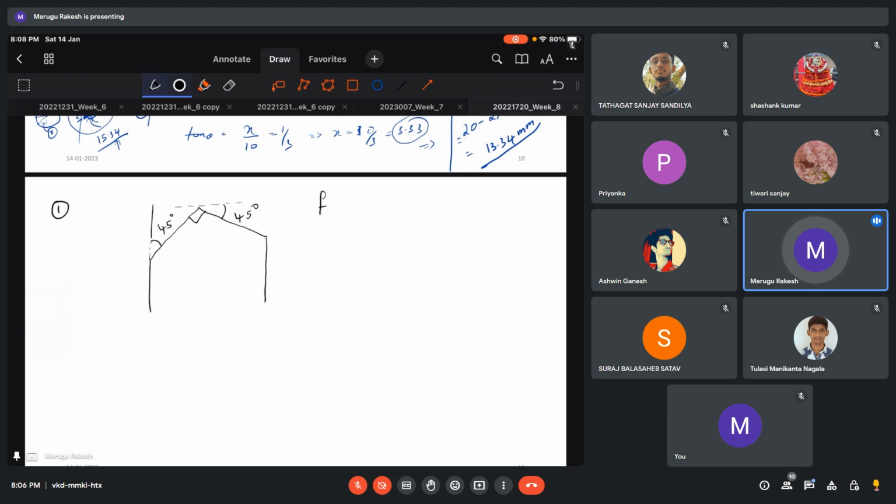They have given a feed as F. They're asking what is the CLA value. They just gave you this tool signature.